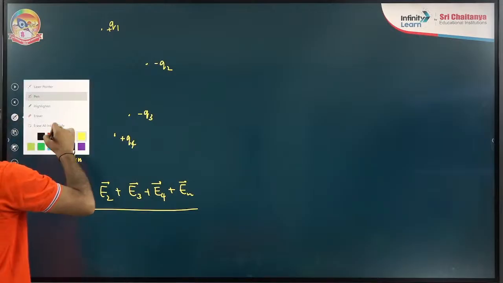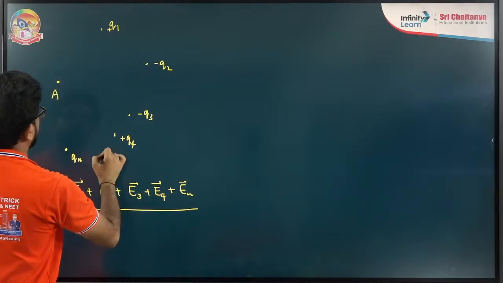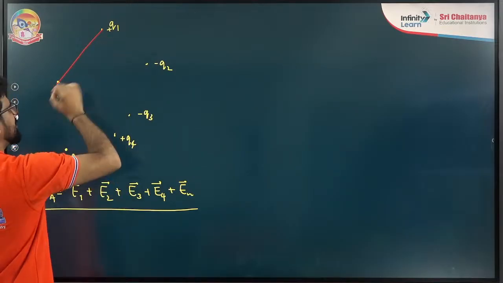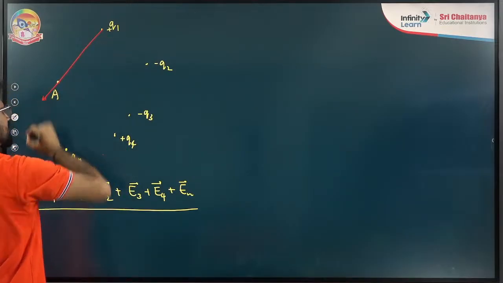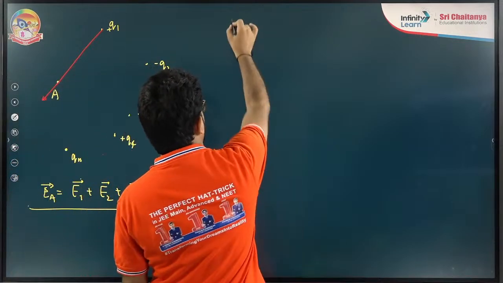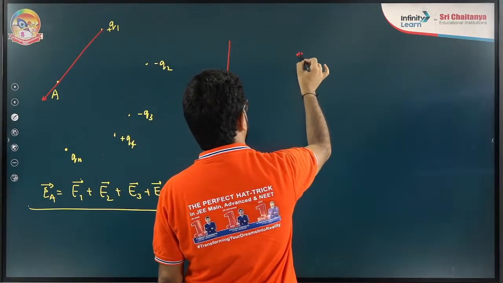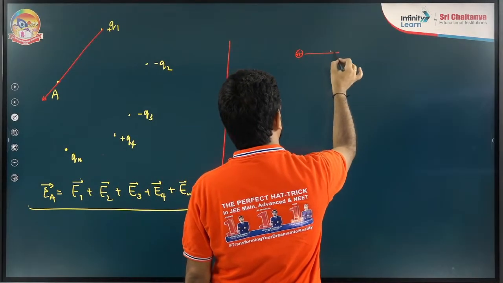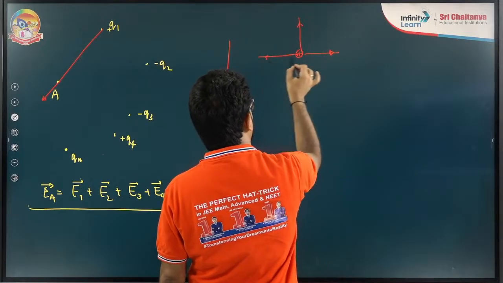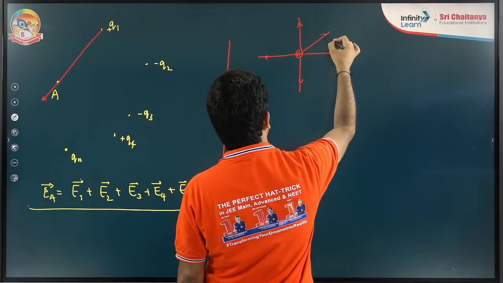Now you can see what is happening here. Due to Q1, the field would be radially outward. This is another property we are learning now. If a positive point charge is there, from the positive charge the field is radially outward.